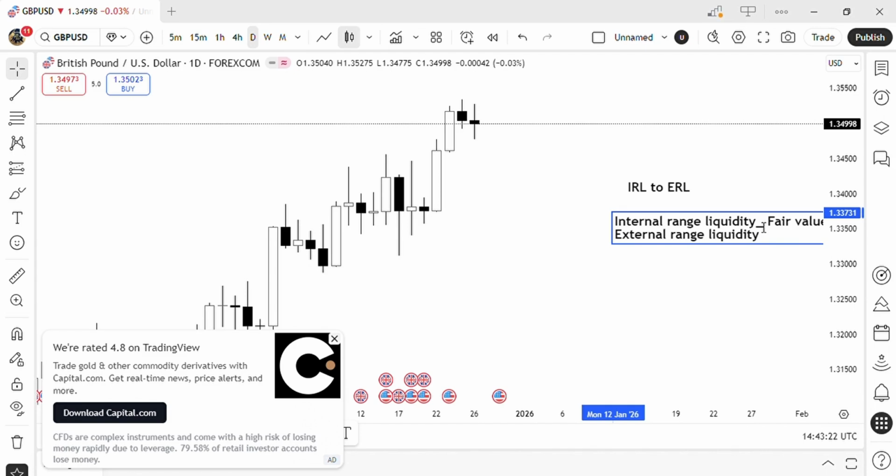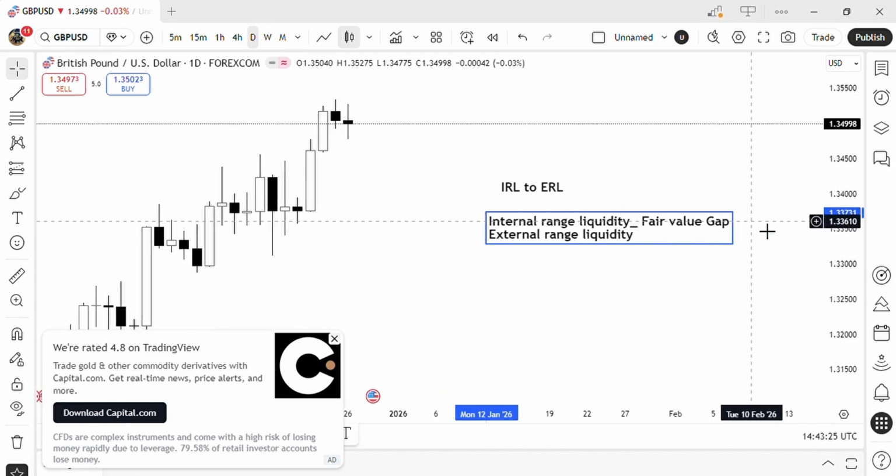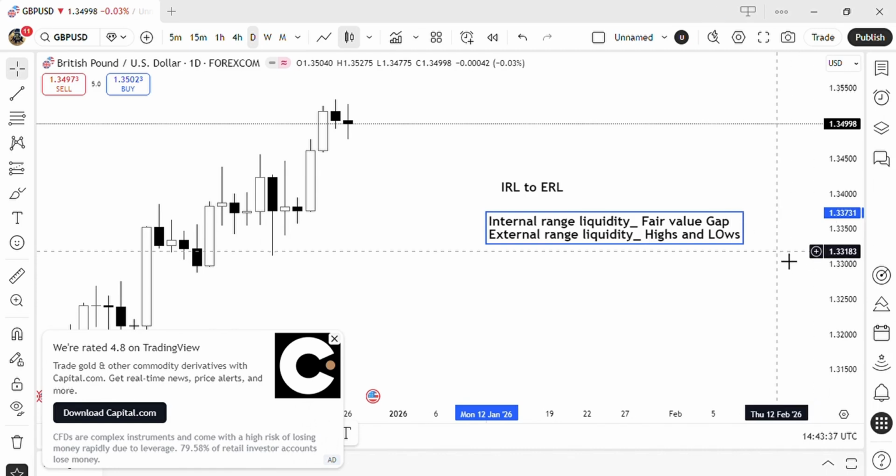And then our external range liquidity is highs and lows. That is what it simply means.